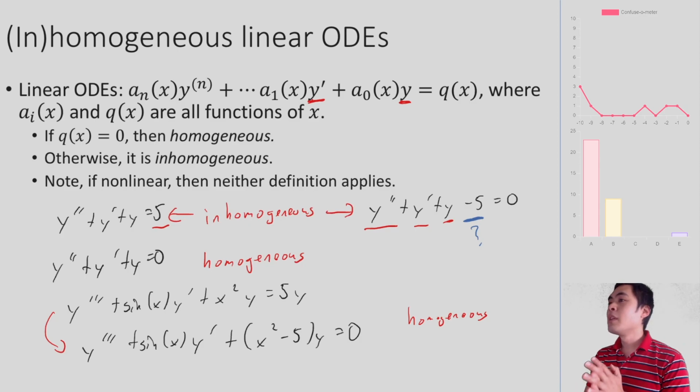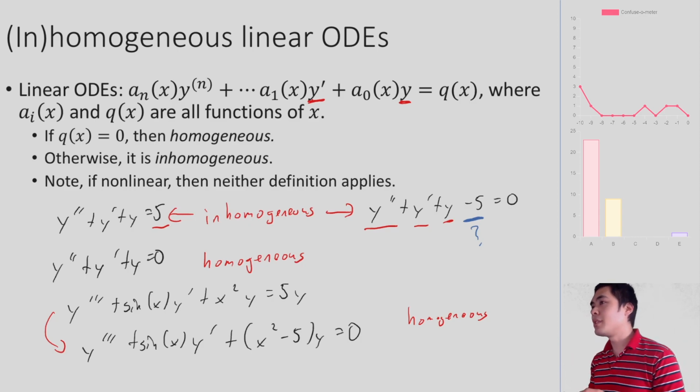A more formal way of describing it is, when you have a linear ODE, it's some linear combination of your derivatives of y, y itself, and something that doesn't have any y component. If something doesn't have any y component multiplied by it, then it is homogeneous.